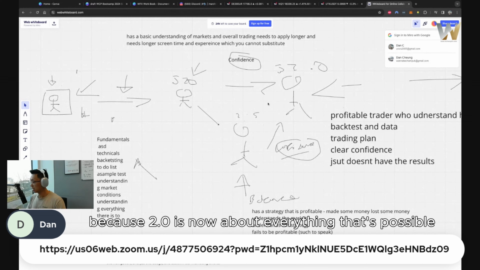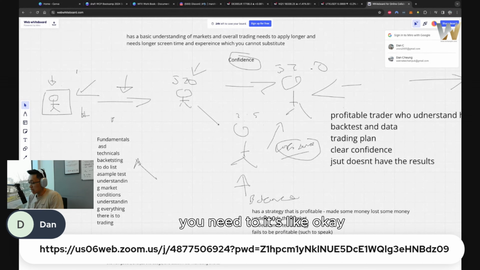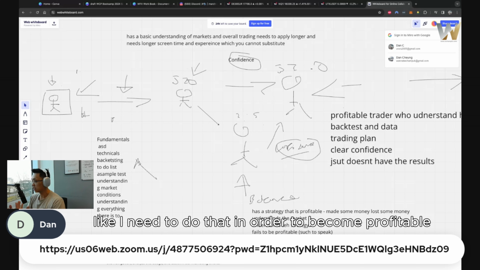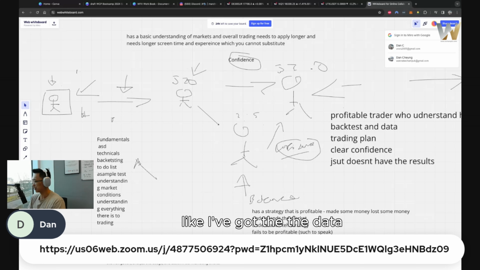At 2.0, you've done everything that's possible: I've backtested enough, I've done the forward testing, I've done the sample testing. I just need to be live and do this live trading in order to become profitable. I've got the data, but I just need to apply it. And that's an experience I can't do for you. You just have to put in the time to make 2.0 happen yourself.